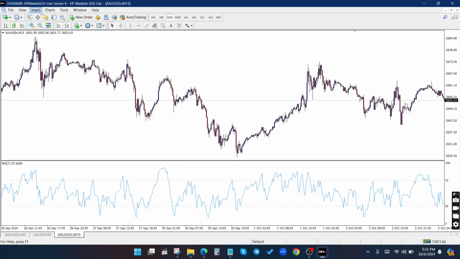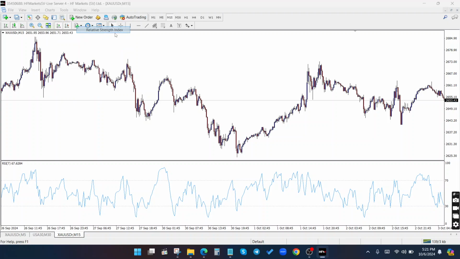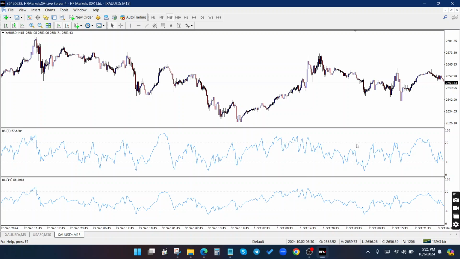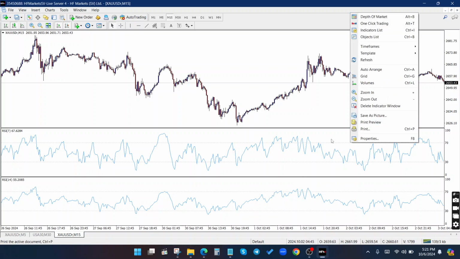Now, the RSI usually has a default setting of 14 period. The default setting is 14 period, okay? Now, I'm just going to remove this one that was here before.